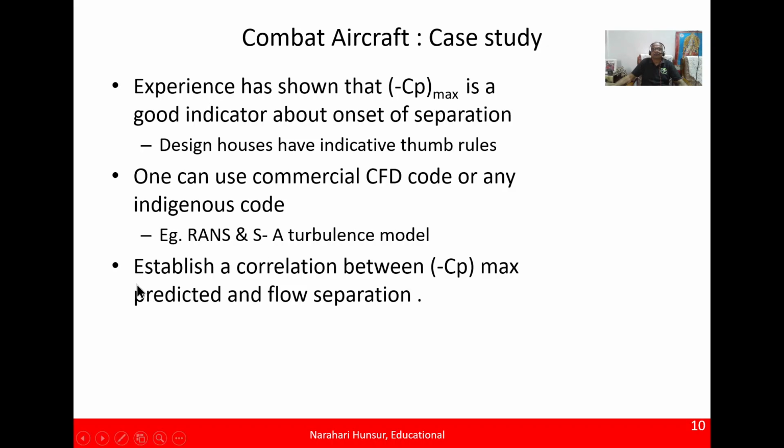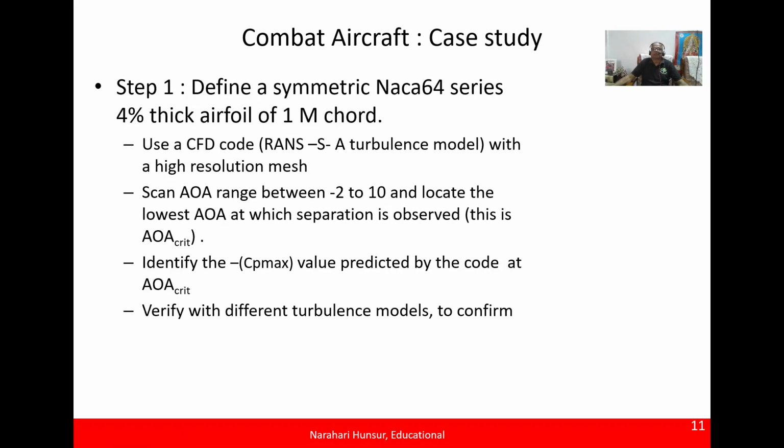So what we need to do is establish a correlation between the negative CP max, or the suction peak predicted, and flow separation, because in a CFD code you can see flow separation and also the predicted CP max. This way, any design house can establish their own thumb rules, which tell them at what suction peak the separation is going to happen. So let's look at a case study now.